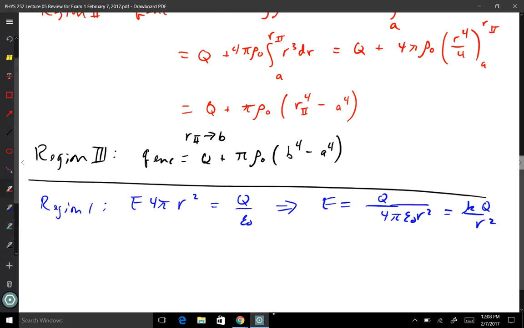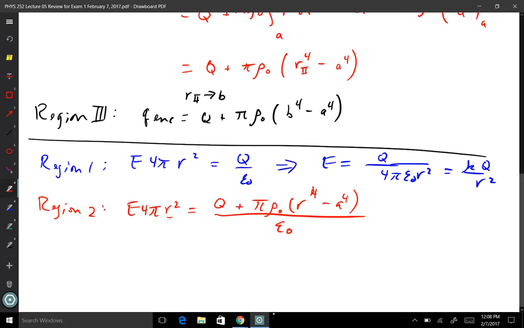Then going to region 2, E 4 pi r squared is equal to Q plus pi rho 0 and so on. Notice these R's are the same R. I can put the R2 there, or I can just drop the 2 on both, which is easier nomenclature. And so solving this, the first term gives me the same KQ over r squared.